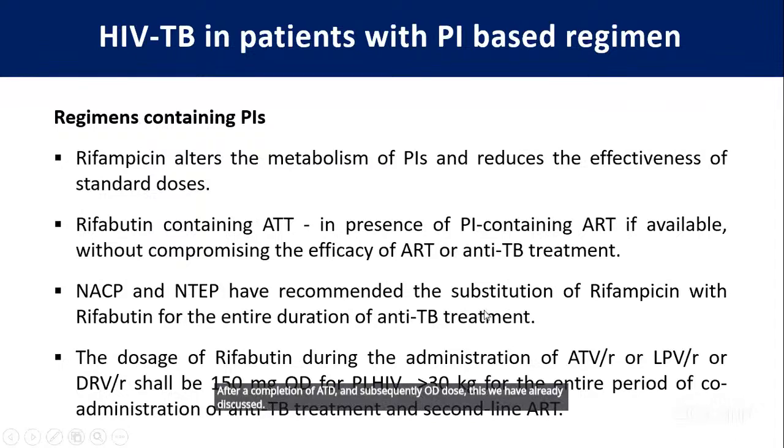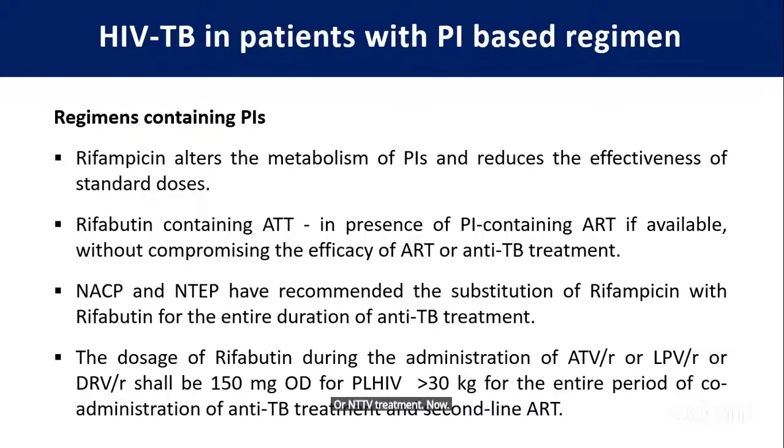And regimens containing PIs, here lies the challenge. Rifampicin alters the metabolism of PIs and reduces the effectiveness of standard doses. Rifabutin containing ATD in presence of PI containing ART, if available, without compromising the efficacy of ART or anti-TB treatment.